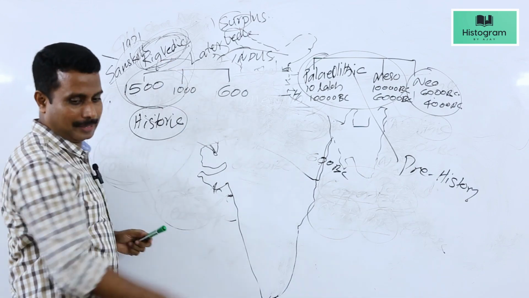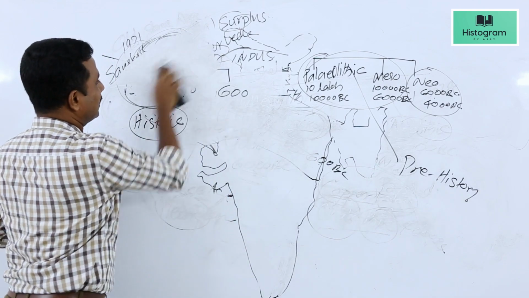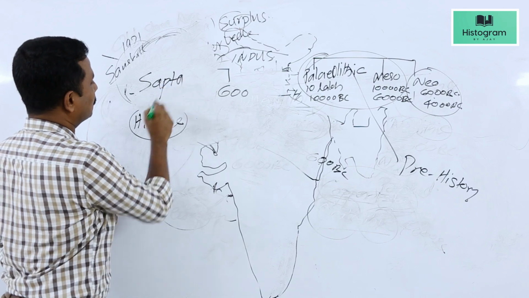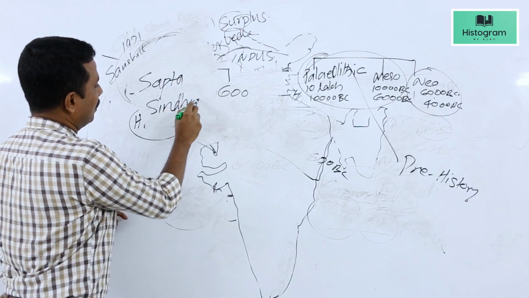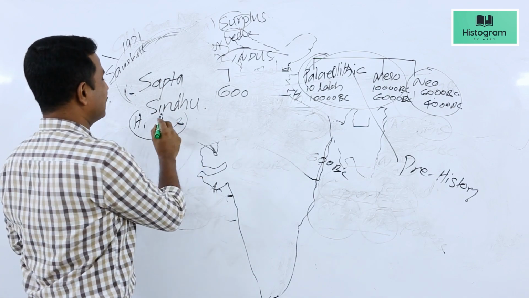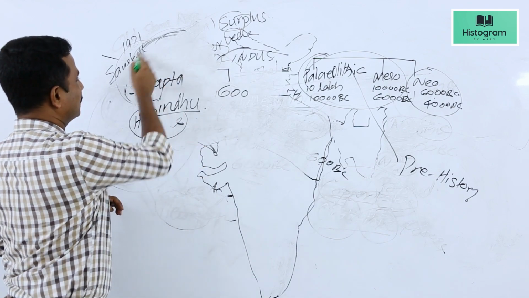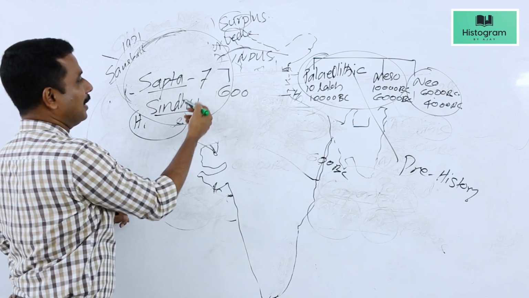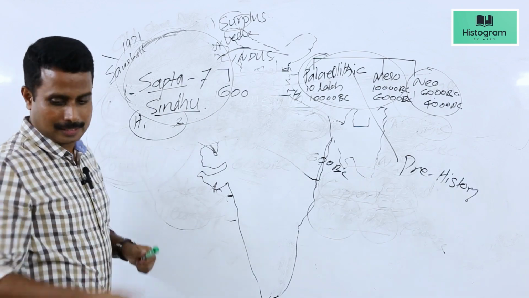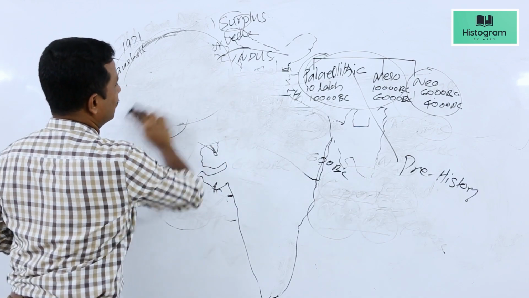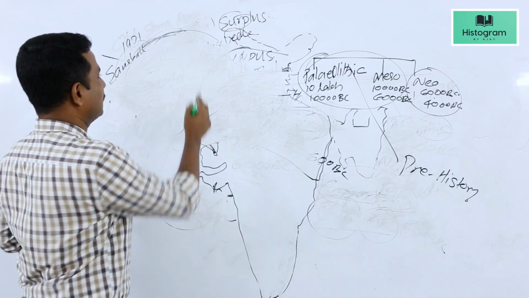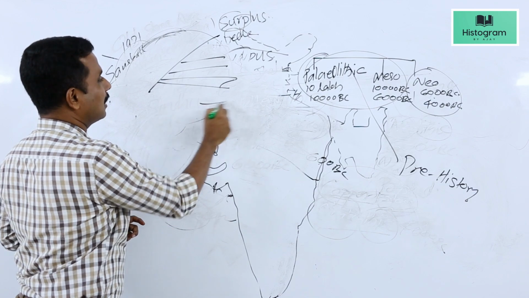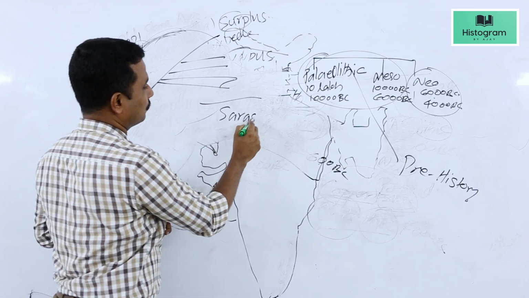And the Aryan settlement during this Rig Vedic period, this region was known as the Sapta Sindhu region. S-A-P-T-A, Sapta Sindhu. The Aryans called the river Indus Sindhu, and the region they lived in began to be known as Sapta Sindhu. Sapta means 7. So the Indus and 6 other tributaries, that is, 7 rivers of the northwestern part of India: Indus, Jhelum, Chenab, Ravi, Satluj, Beas and Saraswati.